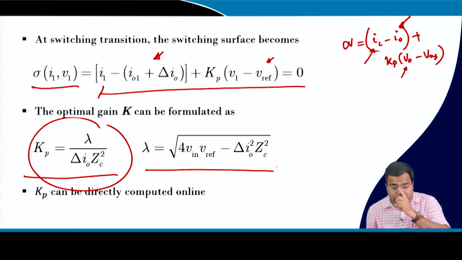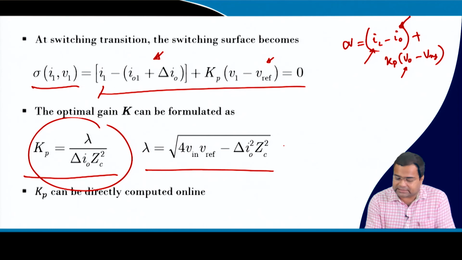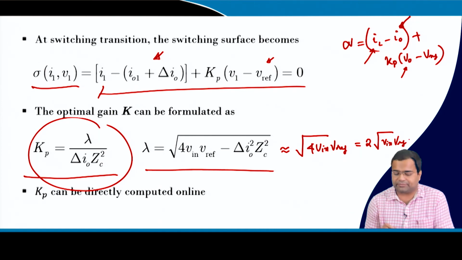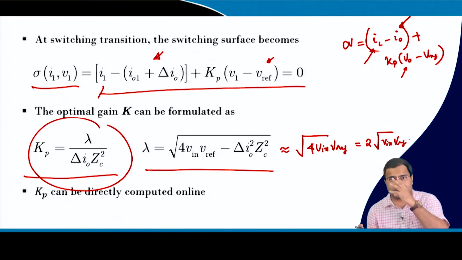And that means Kp can now be approximated to the square root of 4 Vin Vref, which is nothing but twice the square root of Vin Vref. Since Vref is more or less constant for a voltage regulator, we only need to compute the square root of Vin.